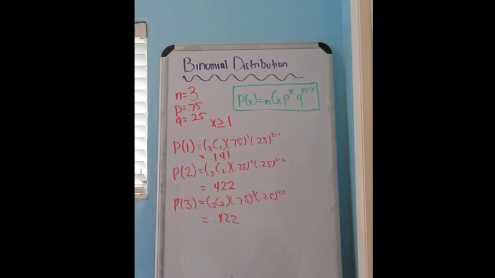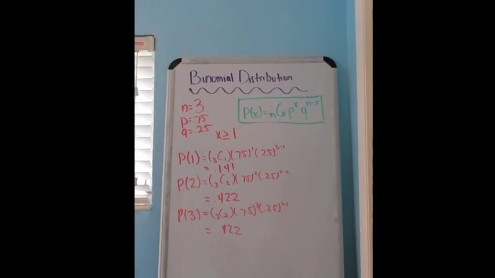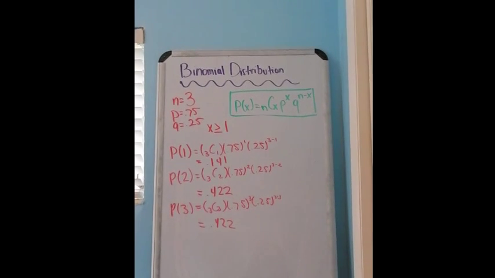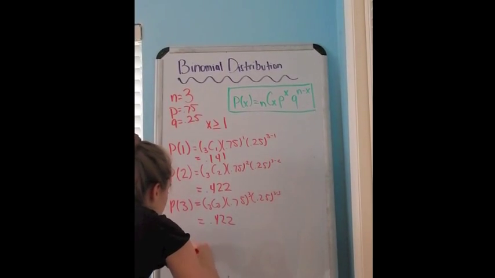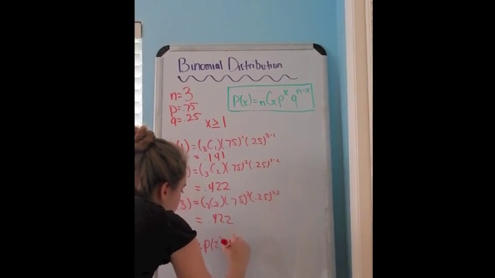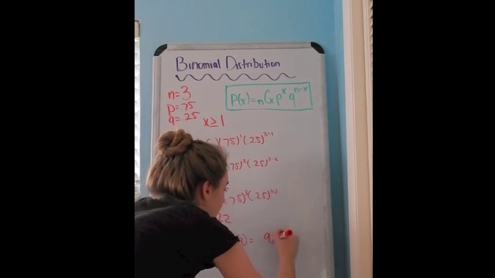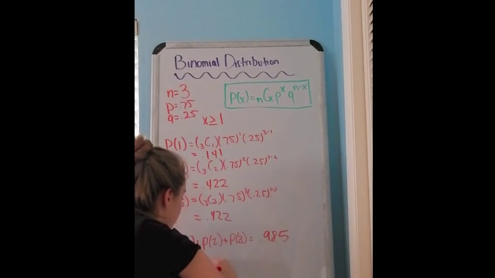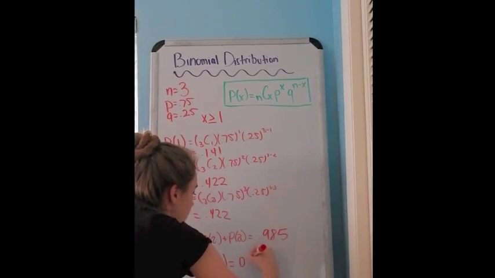So we add together the totals, which would be 0.141, 0.422, and 0.422, and we arrive at a 0.905 probability that 1 or more students will pass the driver's license test on their first try.